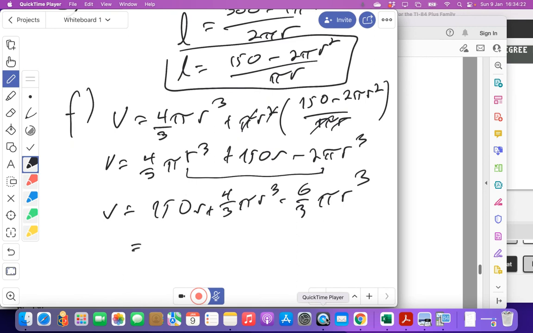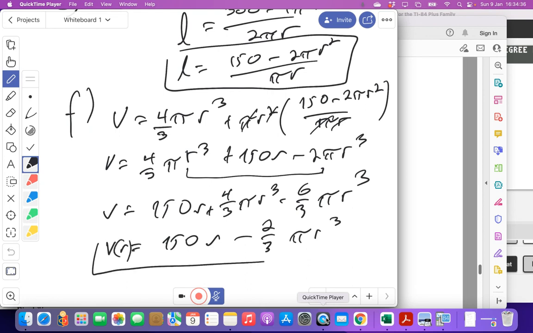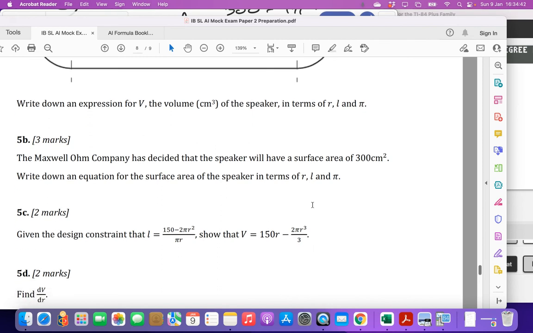So that's going to give me 150r minus 2 over 3 pi r cubed. Okay, so now V is in terms of r only, which is handy for finding our derivative.